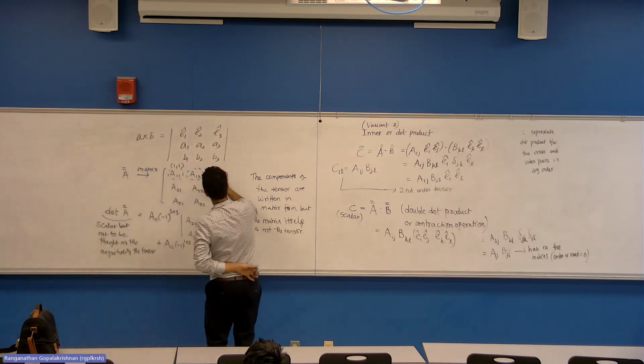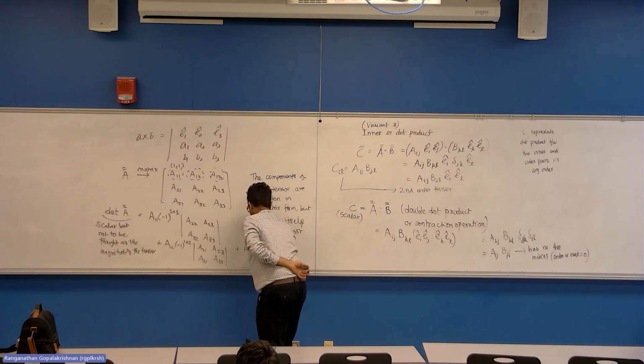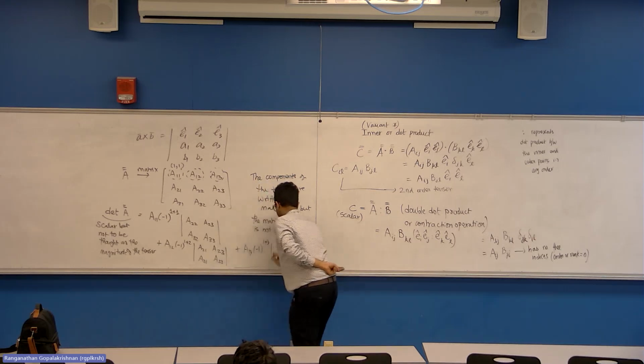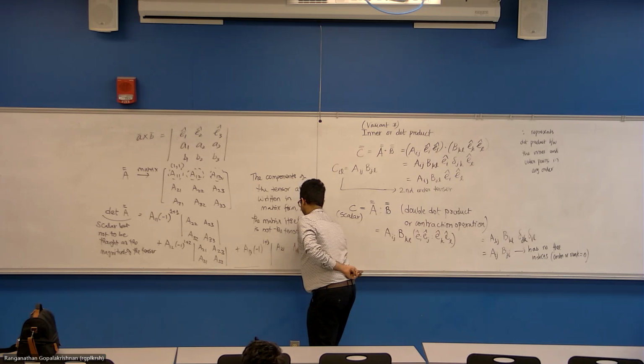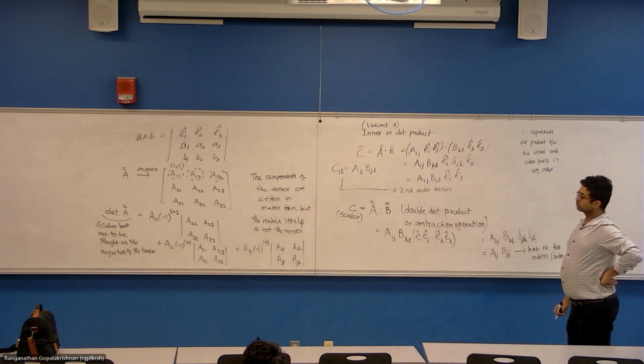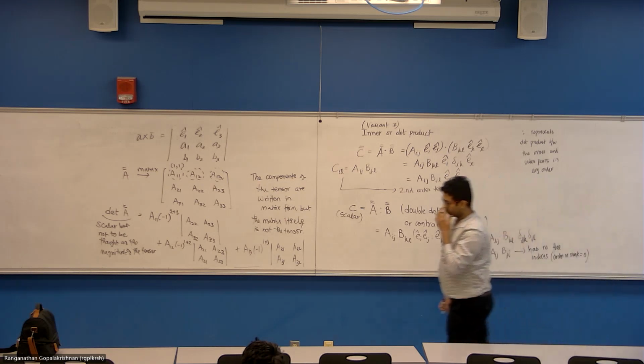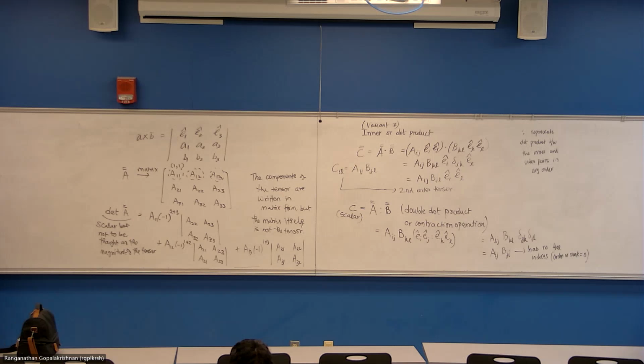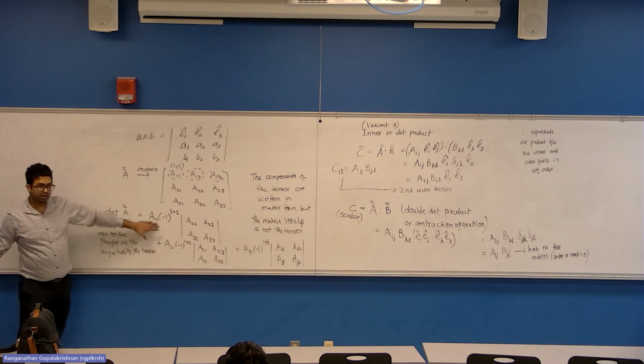Plus third element, plus A13 multiplied by minus 1 power 1 plus 3 multiplied by the minor A21, A22, A31, A32. This is true for any matrix. Okay. So determinant of A can be written in this form.